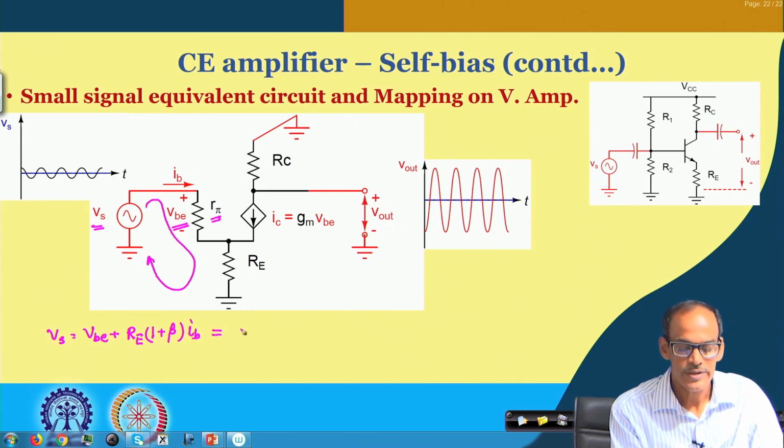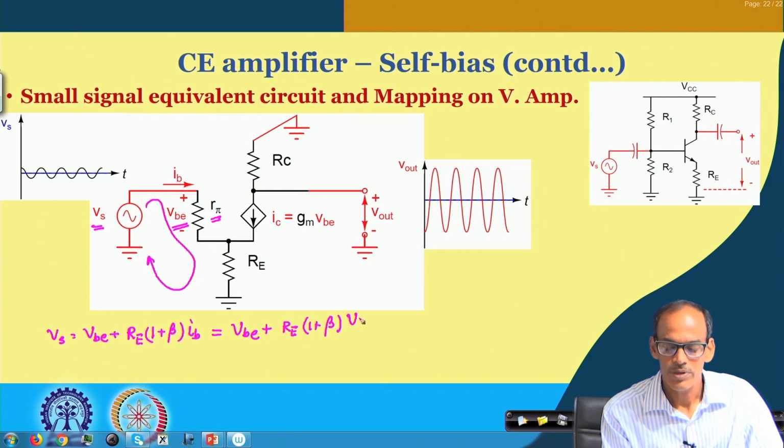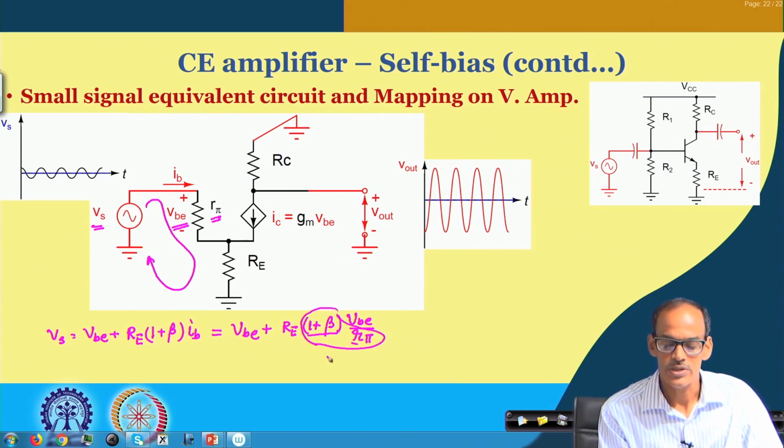So, we can write this as V_BE plus R_E into (1 plus beta) times V_BE by r_pi. In fact, beta divided by r_pi is nothing but g_m. So, if we drop this 1 and consider it approximately beta divided by r_pi, this part becomes g_m.